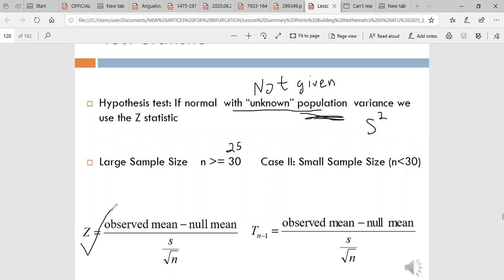you still use the Z statistic, which will still be Z equal to X bar minus mu over, this time, because you don't have sigma squared for you to find sigma, you rather use the sample standard deviation, which will be S, the square root of the sample variance, over the square root of n.